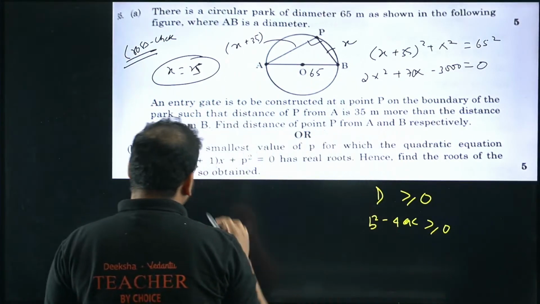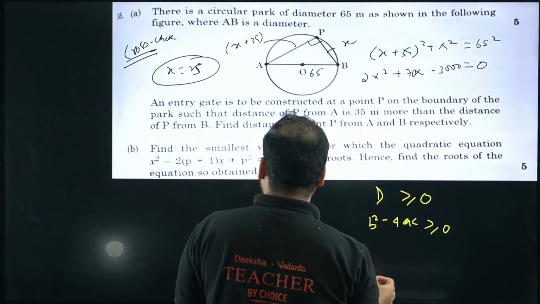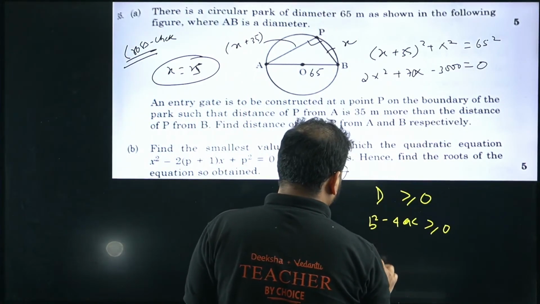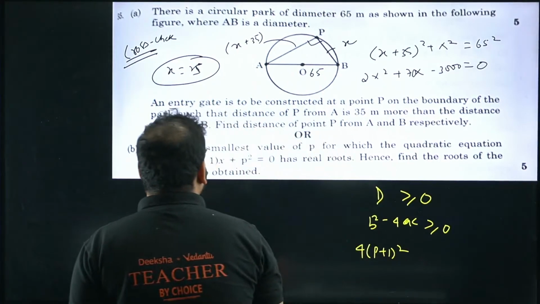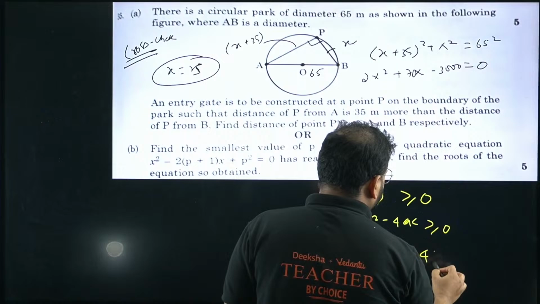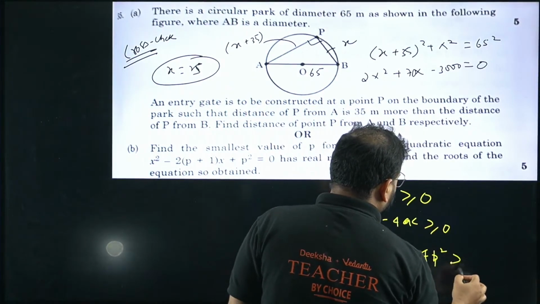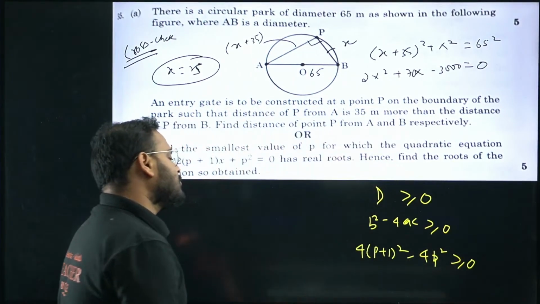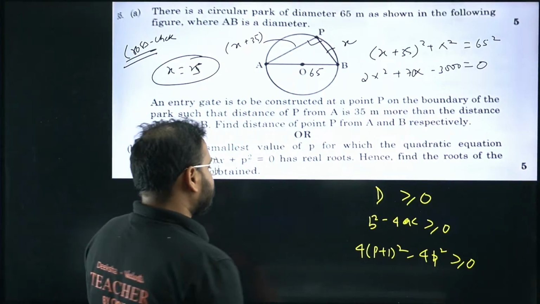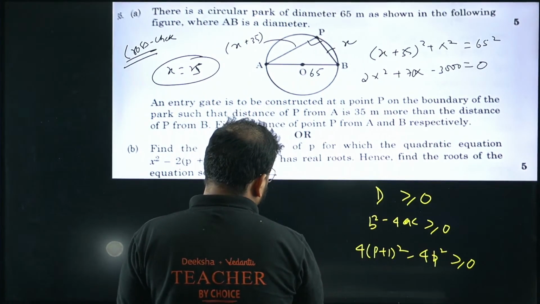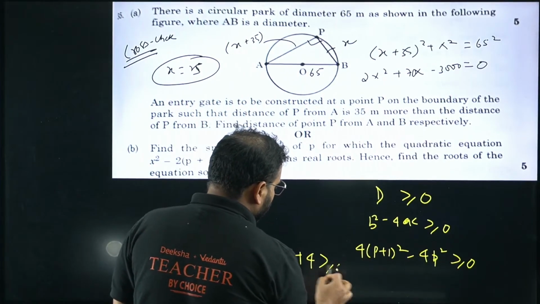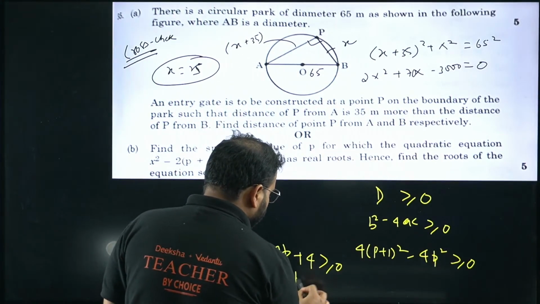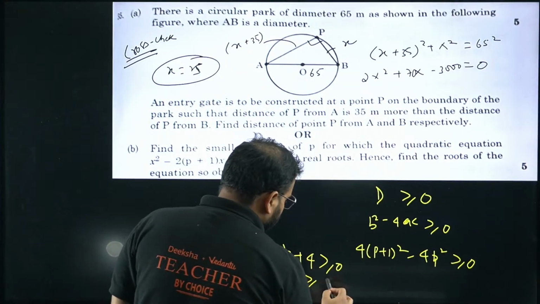From here I get 4 times p plus 1 the whole square minus 4 p square greater than or equal to 0. So I get 8p plus 4 greater than or equal to 0. From here I get p should be greater than or equal to minus 1 by 2.